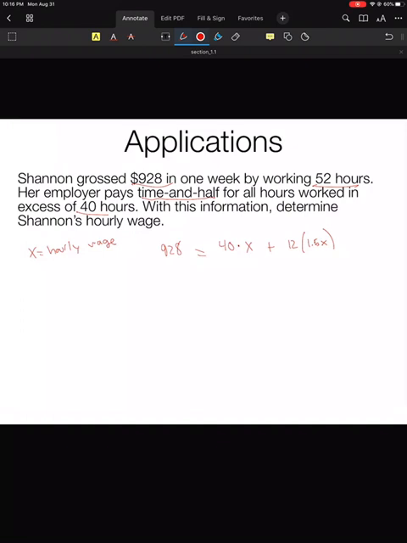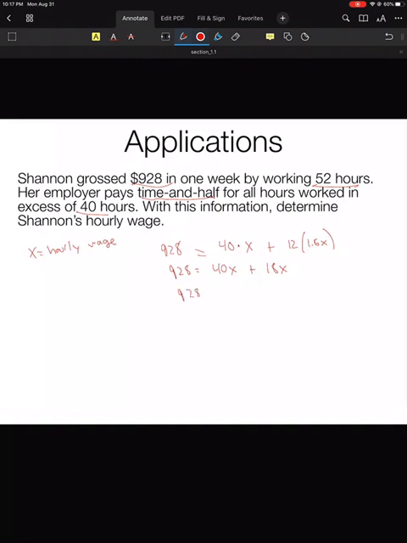Now I just need to combine like terms and solve for X. So I have 928 is equal to 40X plus 12 times 1.5. 12 times 1.5 is 18. So I have 40x plus 18x.